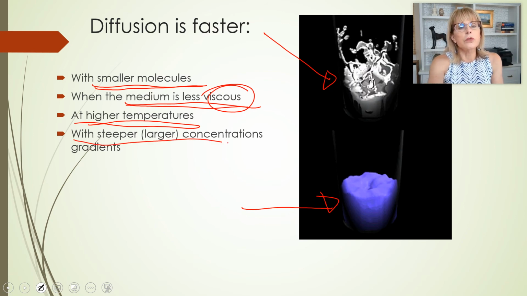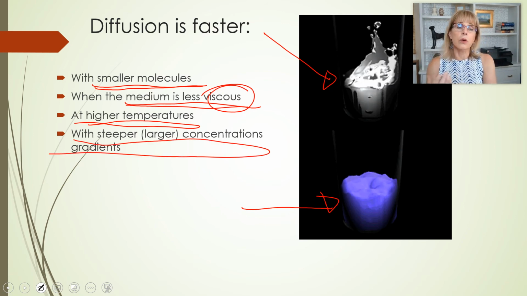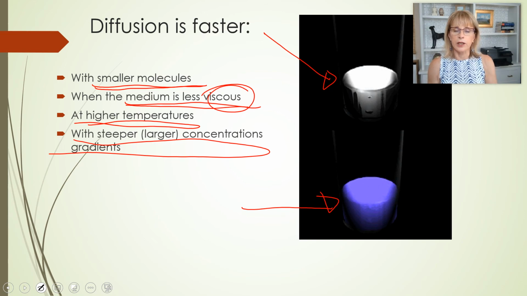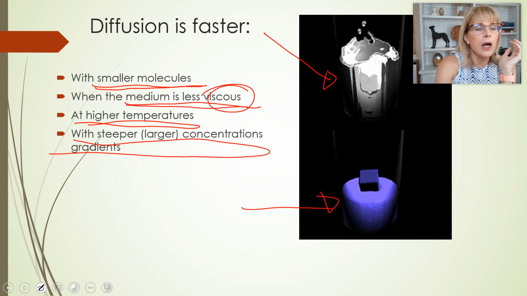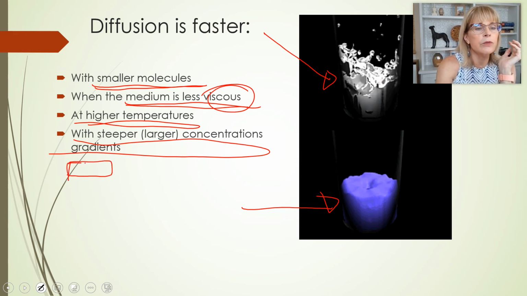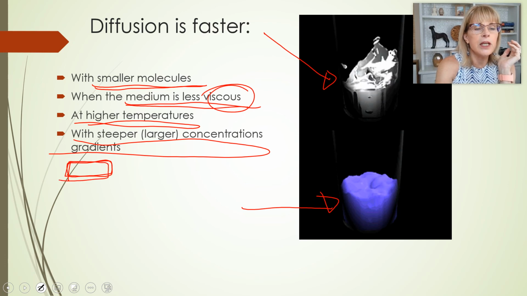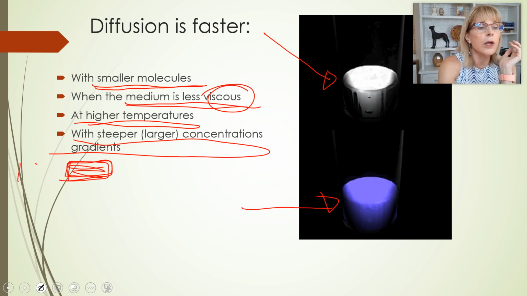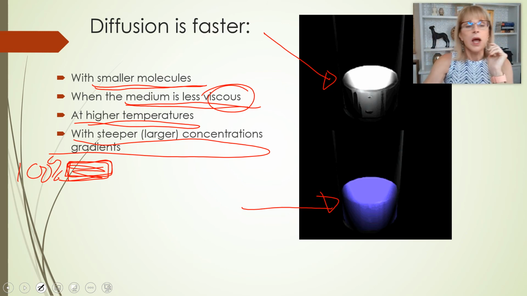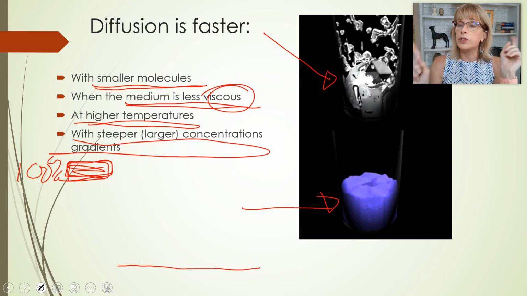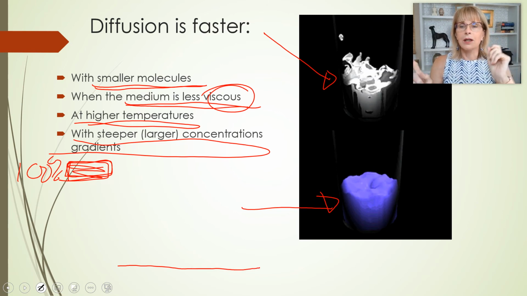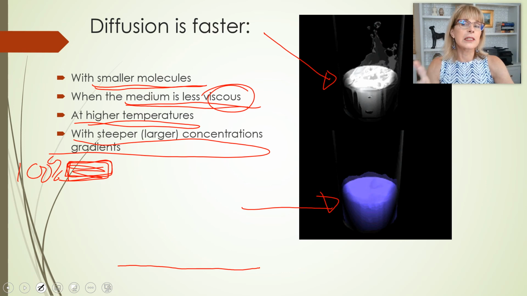Things also will diffuse faster at a larger or steeper concentration gradient. Let me give you an example. Okay, let's imagine I'm going to take a tablespoon of sugar. That's going to be my tablespoon of sugar. It is 100% sugar. Now, I am going to ask it to diffuse into two different cups of tea.